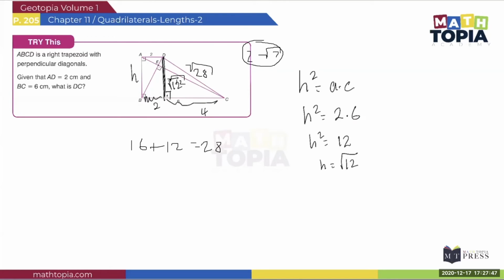Because we are using this triangle, we found that the height is root 12, this part is 4, and you take the square of both sides, and then you got 2 root 7. So that was a good application of that theorem.